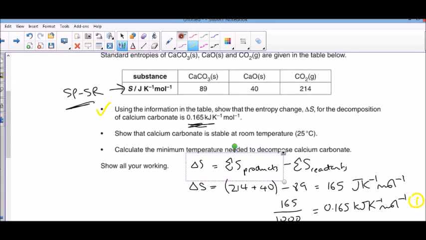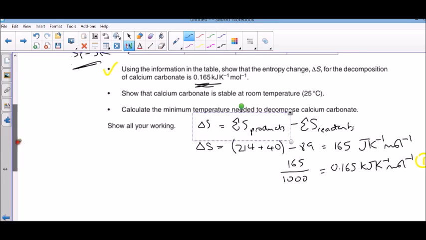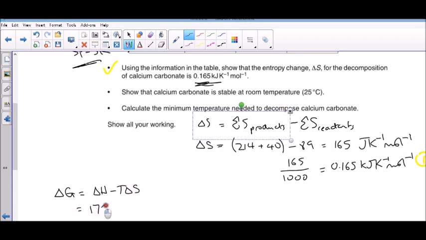And then I'm going to show that calcium carbonate is stable at room temperature. So remember, stability comes down to delta G, and for that we're going to be using the delta G equation. So we're going to say 178, which was the delta H given to us in the question. 25 degrees Celsius, you should know, is 298 K, because we add on 273.